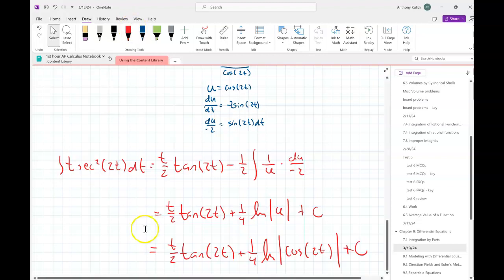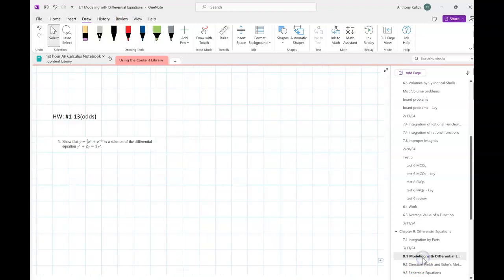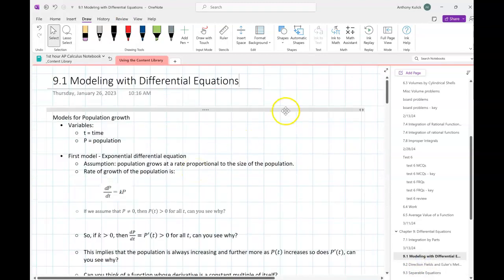All right, my peeps. You ready to go? Welcome to the land of differential equations. Here's the good news. This is no harder than anything we've done. Conceptually, it's pretty straightforward.